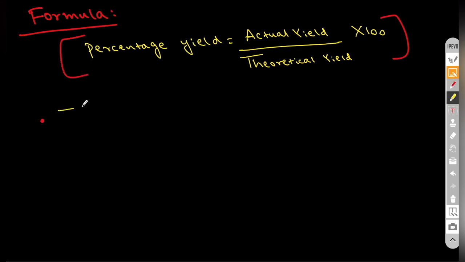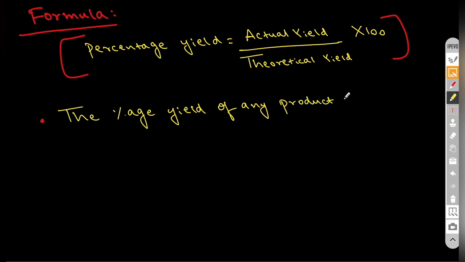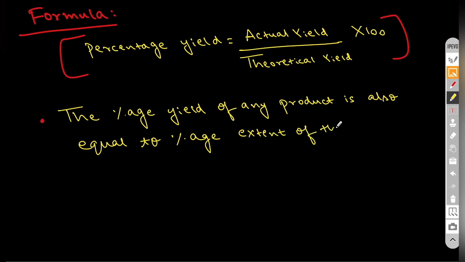Also we'll write a point here that the percentage yield of any product is also equal to the percentage extent of the reaction. So the percentage extent of reaction is equal to the percentage yield of the product simply.